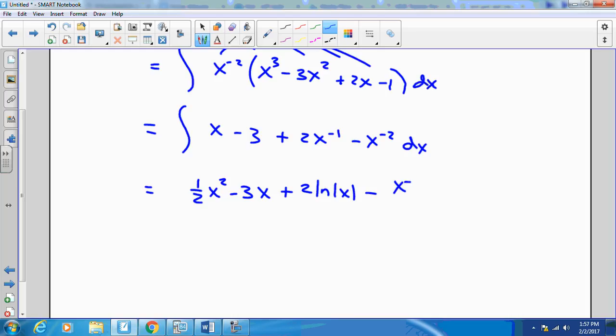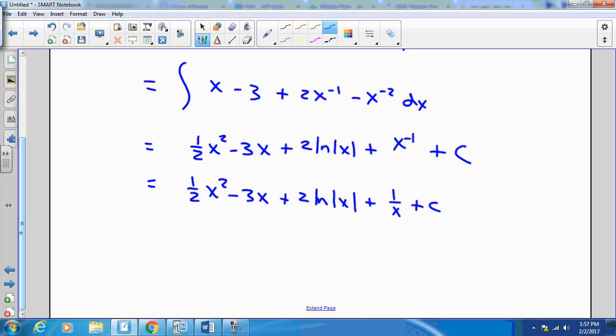Let's divide by the new power, divided by -1. No. We divide by the new power, not the old power. Yeah. And then I can clean this up a little bit, like so.